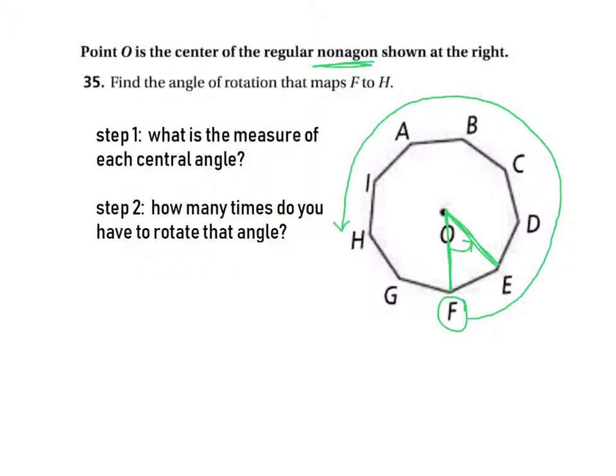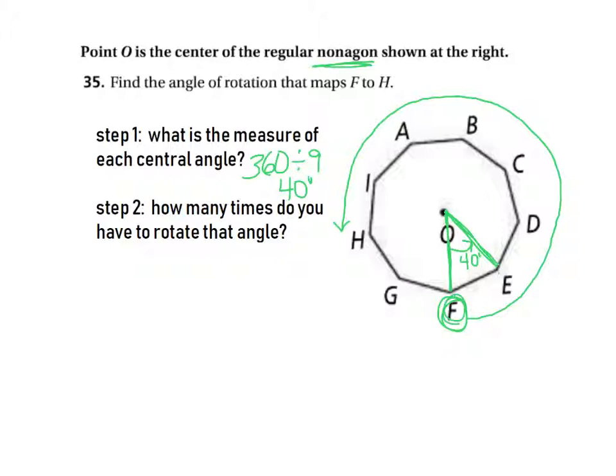Well, it's 360 all the way around, and I know that I've got 9 points on this polygon, so all I really have to do is take 360 and divide it by 9, and that would tell me each one of those angles, and that actually came out nice to 40 degrees. Okay, so that's a 40-degree angle. The next question is, how many times do you have to rotate that? Well, let's look.